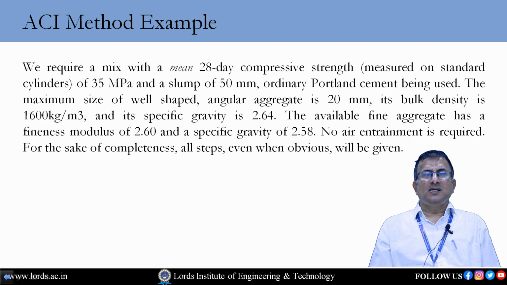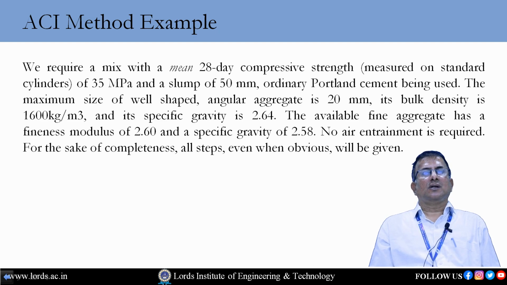Its bulk density is 1600 kg per meter cube and the specific gravity is 2.64. The available fine aggregate has a fineness modulus of 2.60 and a specific gravity of 2.58. No air entrainment is required. For the sake of completeness, all the steps, even when obvious, will be given.